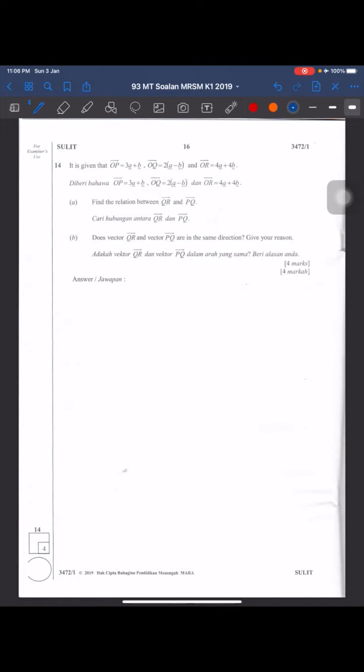So saya ubah dulu dalam bentuk kolom. OP is equals to 3, 1. OQ is equals to 2, negative 2, and OR saya ada 4, 4.